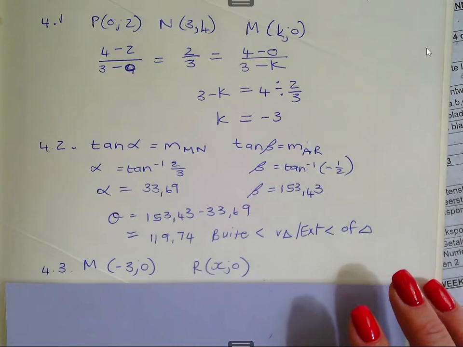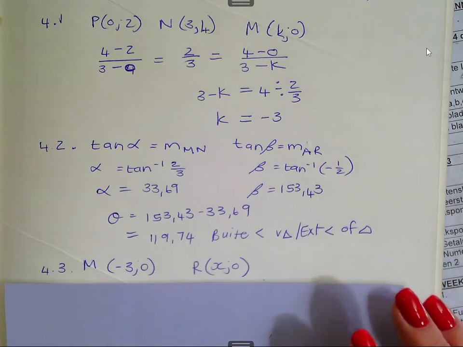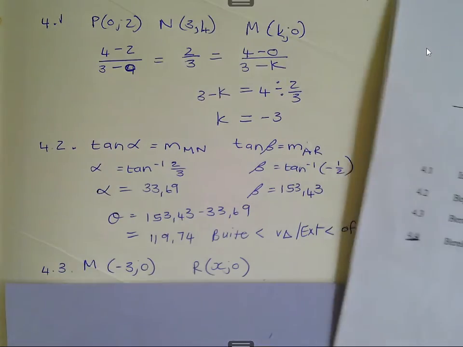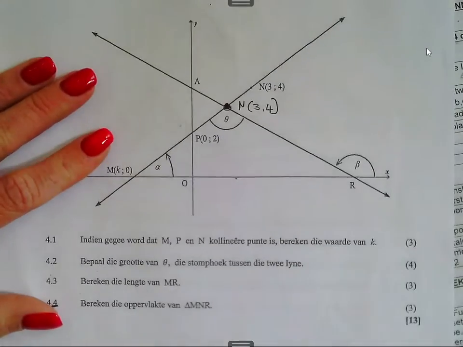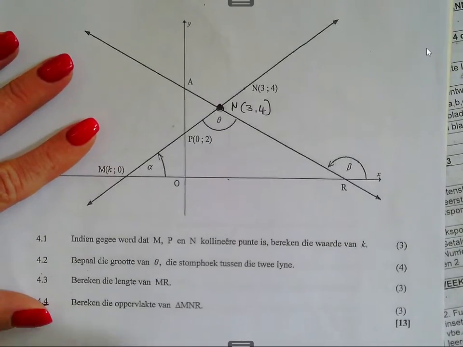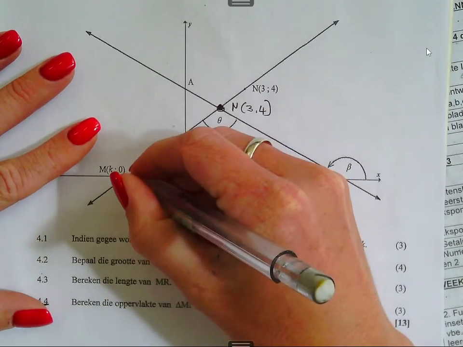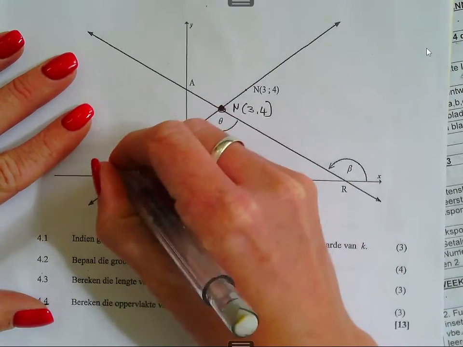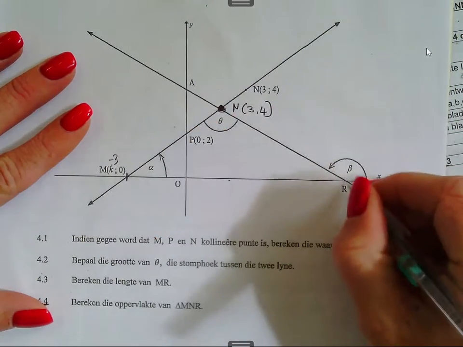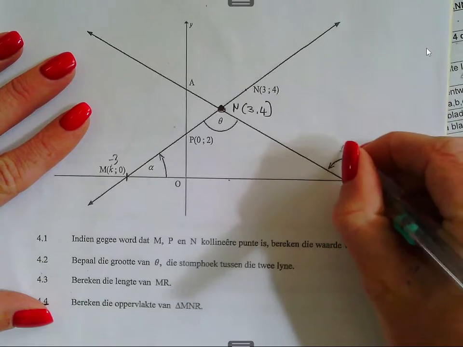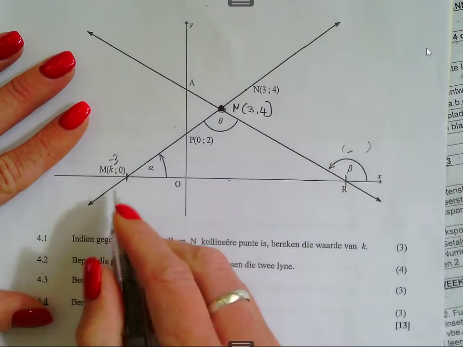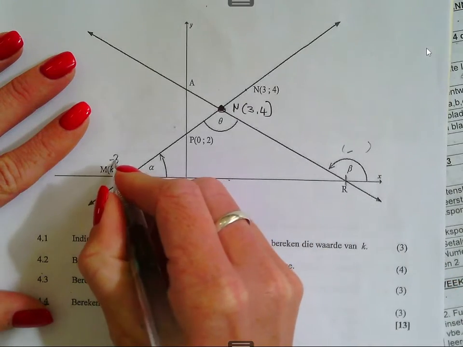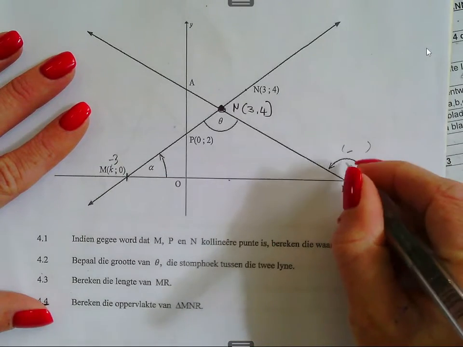Then you had to find the length of MR. Okay, so the length of MR, we had a similar question a few questions back. We know that this M, the X value that we just calculated, it was -3, is needed, and R's X value is needed. Then I can know what the distance is between M and R. So I've got this one as -3. I want to calculate what that X value is.